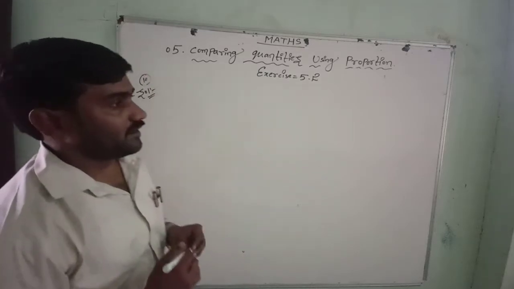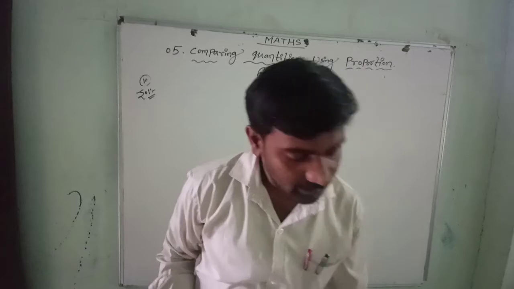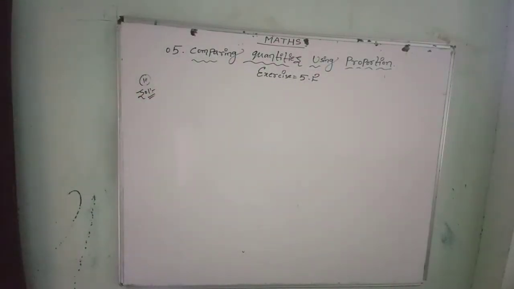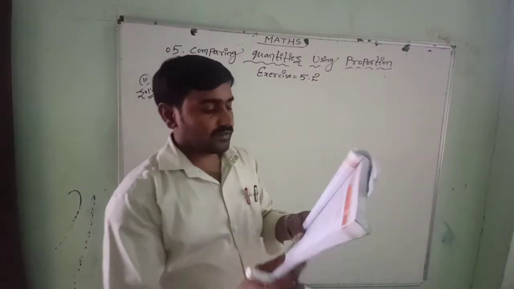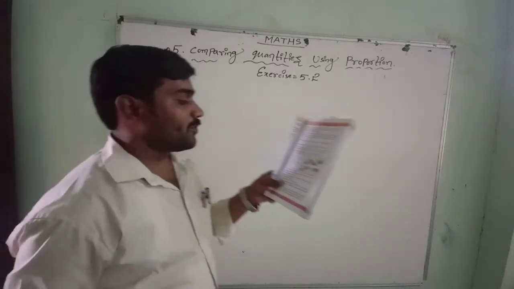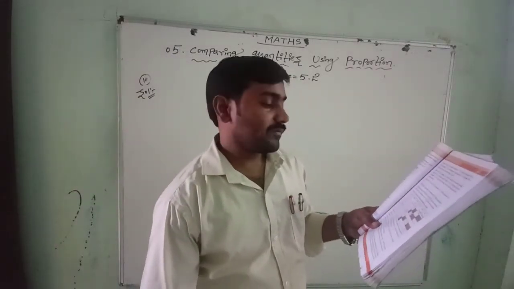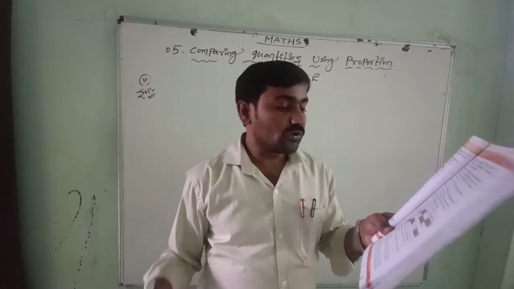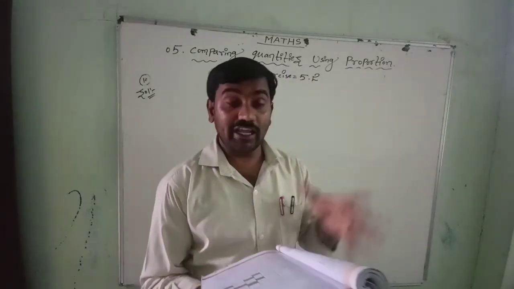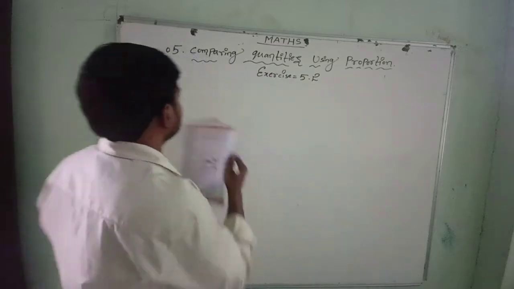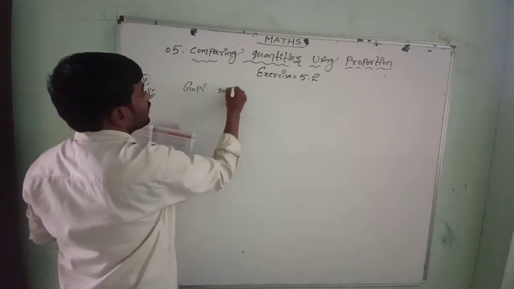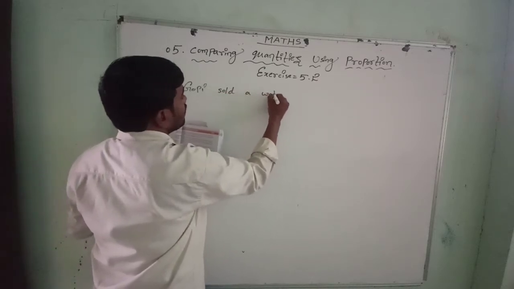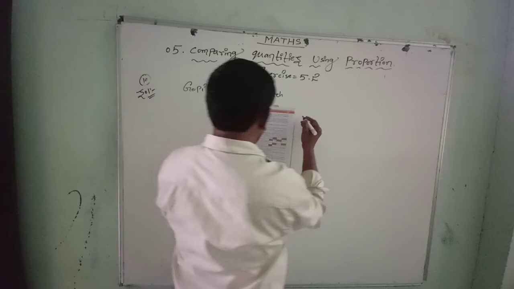Go to question number 10. Now this is the 10th one. Gopi sold a watch to Ibrahim at 12% gain.